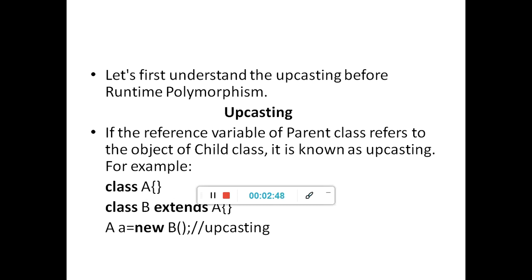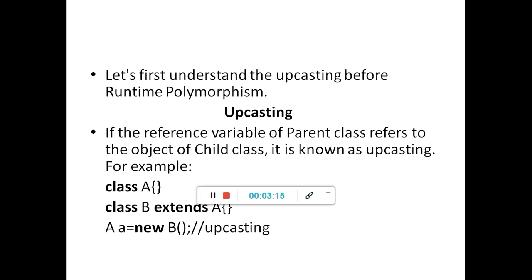Generally we have seen if class A is there and class B is there, class B is extending class A. If I want to access any possible methods in class B, I can define it as B b = new B(). It may be in this format.